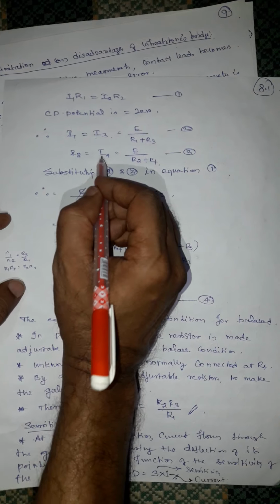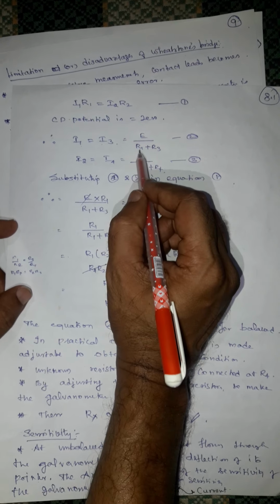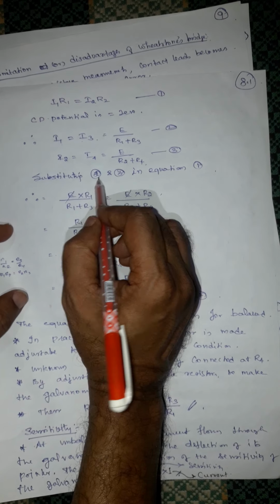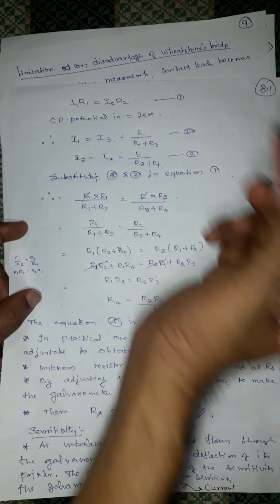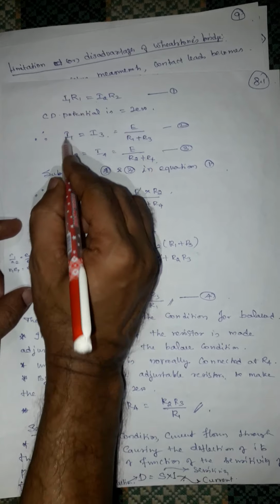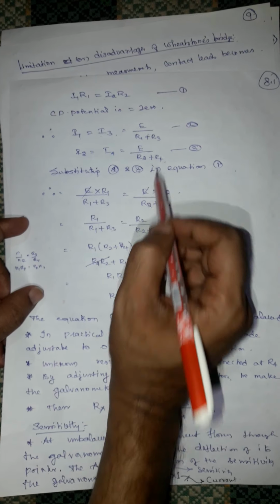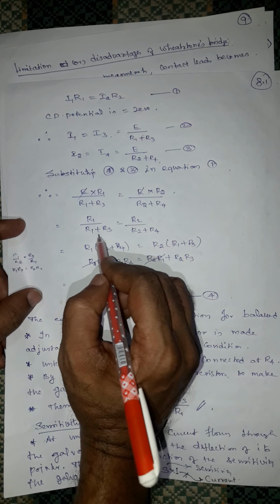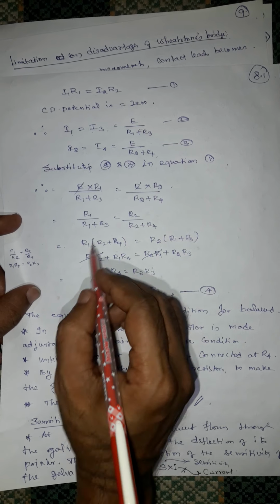Similarly, I2 equals I4, and the current is given by the total voltage source E divided by R1 plus R2. Substituting 2 and 3 in equation 1, we get R1 into the I1 value, and similarly R2 into the I2 value. E gets cancelled, remaining R1 divided by R1 plus R3 equals R2 divided by R2 plus R4.